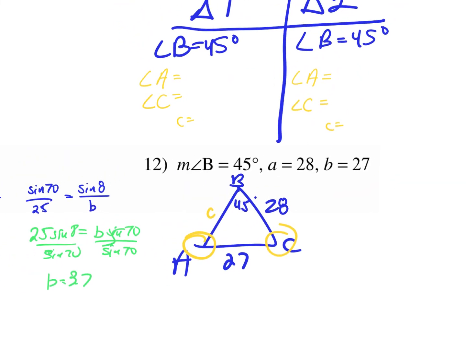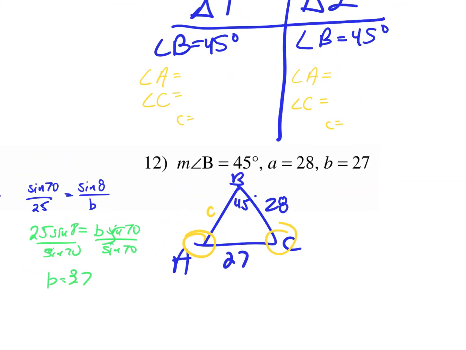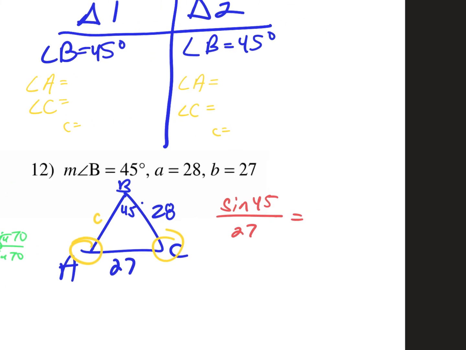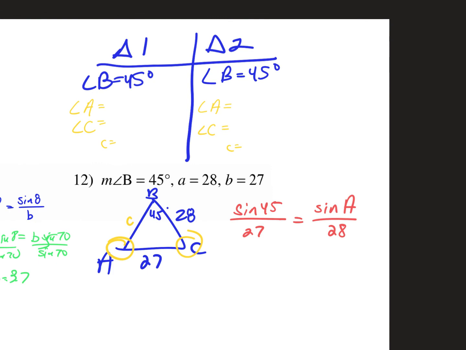So here we go, ladies and gents. We just said a second ago that our proportion was the sine of 45 over 27 equals sine what? Sine of A over 28. Put it the other way around? Would that be the same thing? Yeah, that's fine.